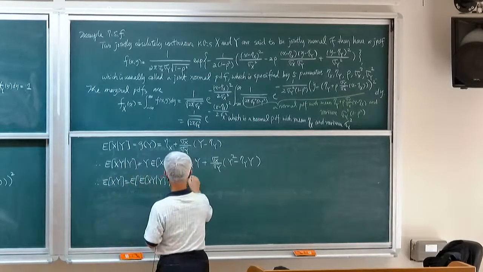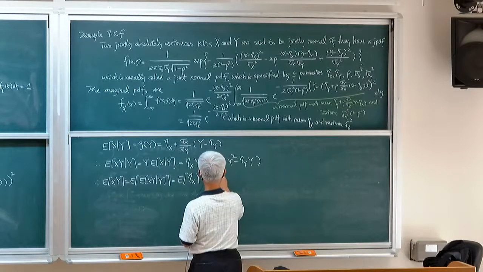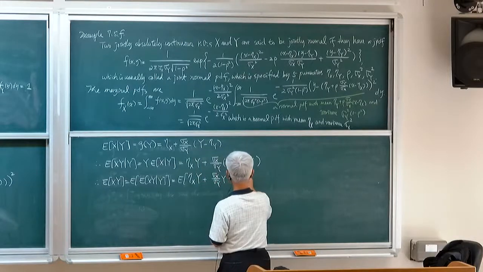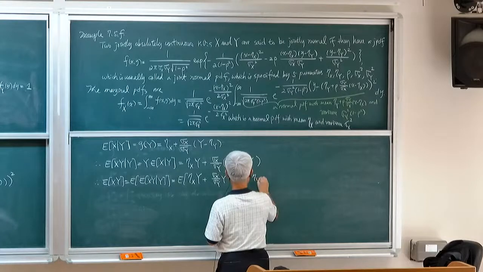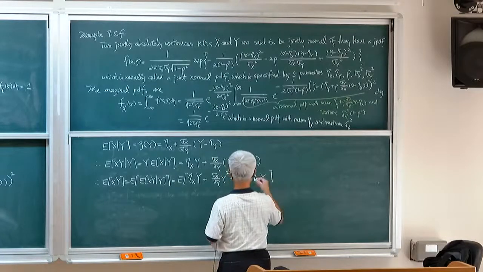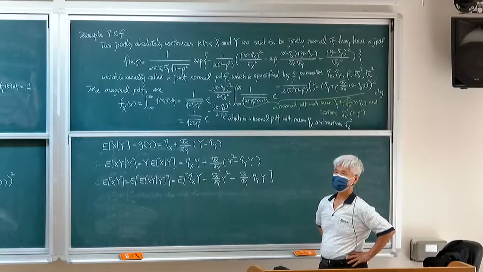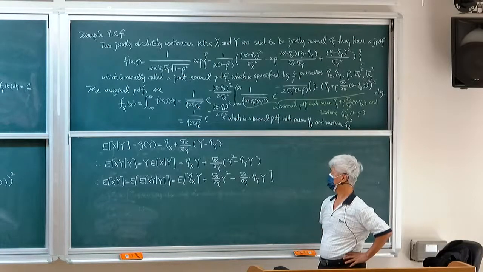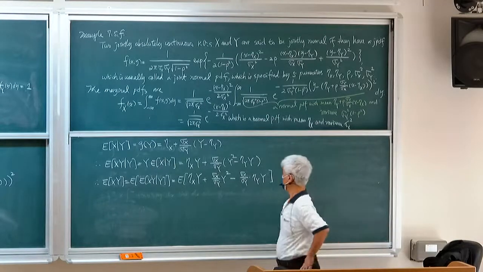So that is the expectation of eta x y plus rho sigma x over sigma y times (y squared minus eta y y).